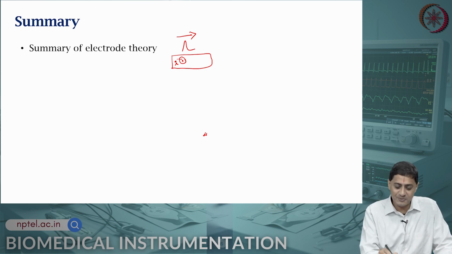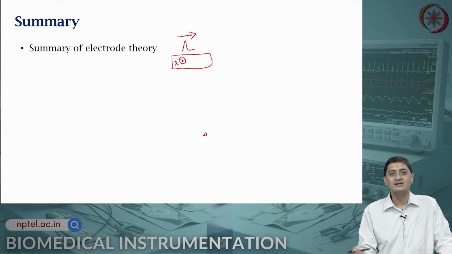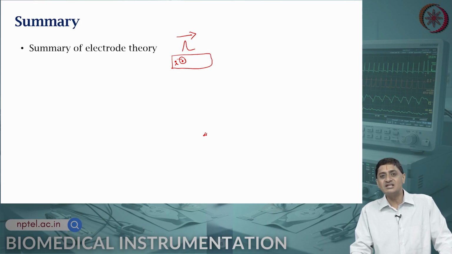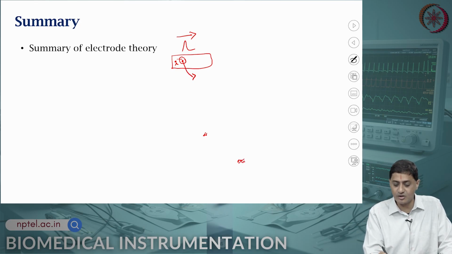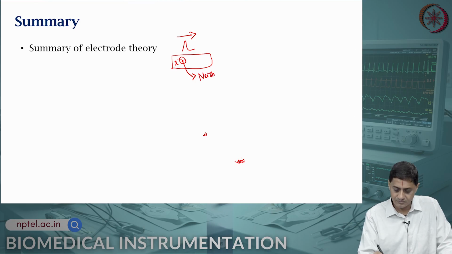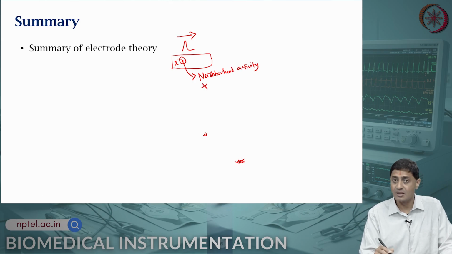On top of that, it is possible that this part of the muscle itself is having its own conduction. So, what I am measuring from this point is essentially a combination of neighborhood activity plus own activity.